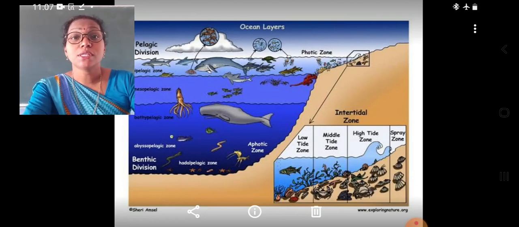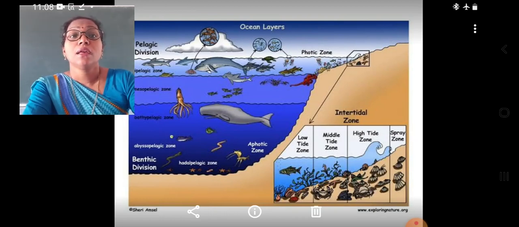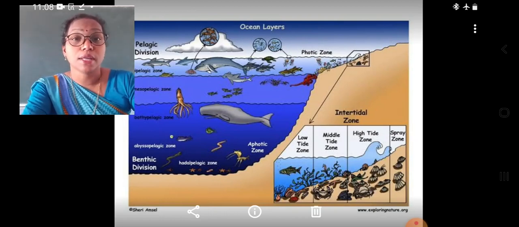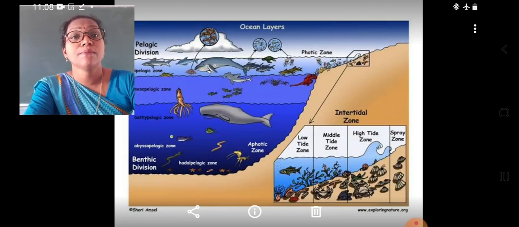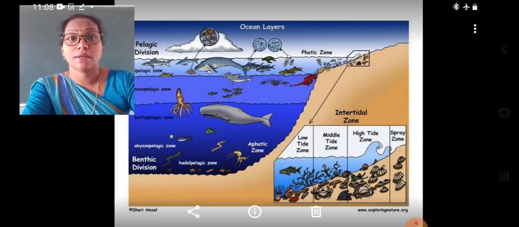The uppermost sunlit zone has many organisms such as whales, sharks, krill, plankton, seahorses. There are many types of organisms. Large shoals of fishes are also seen in this sunlit zone, the uppermost layer of the ocean water.